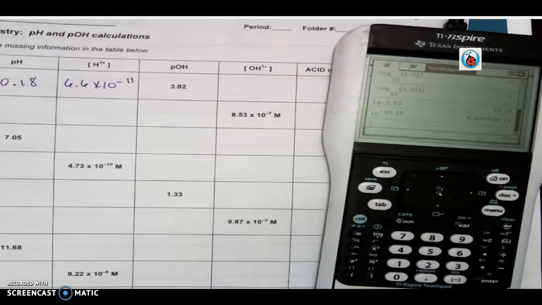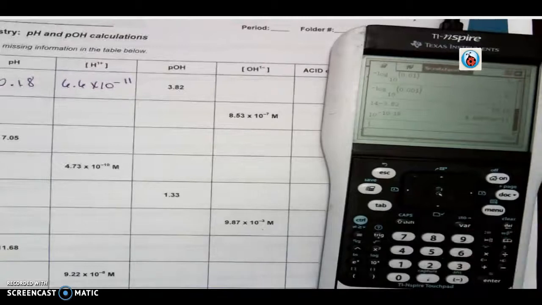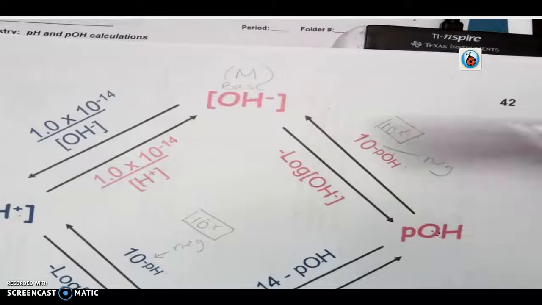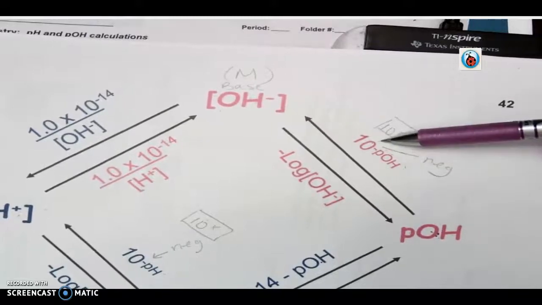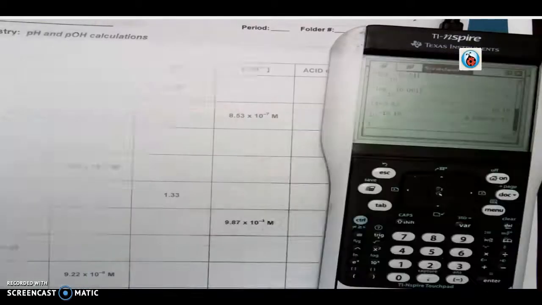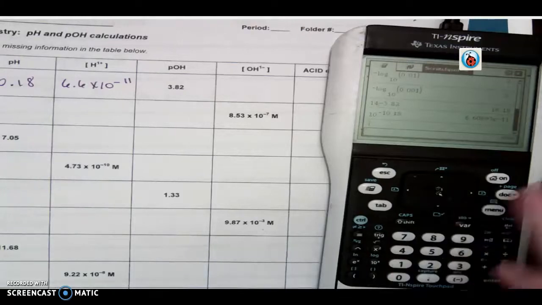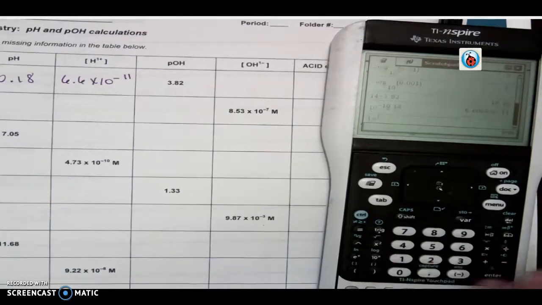All right. Let's calculate our OH. What are we going to do? We're going to do the same thing, right? We know the pOH, and we're going to the OH, so we're going to do 10 to the negative pOH. So again, anti-log negative pOH, so we got 3.82, and we're going to hit enter.